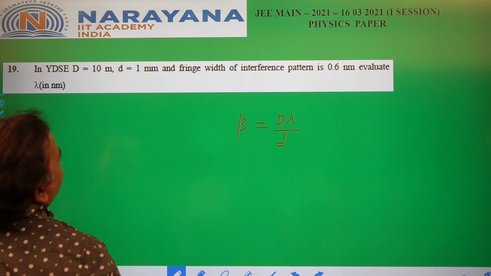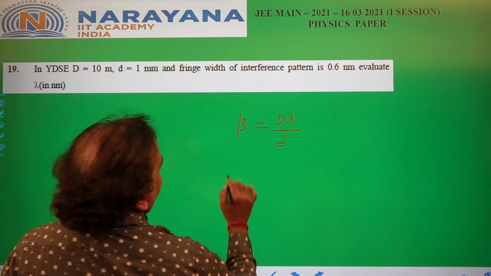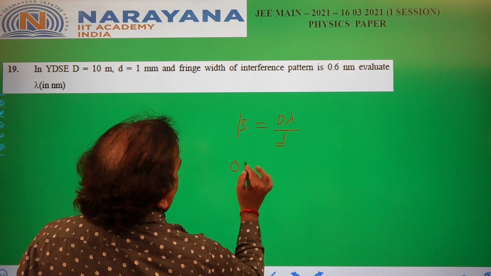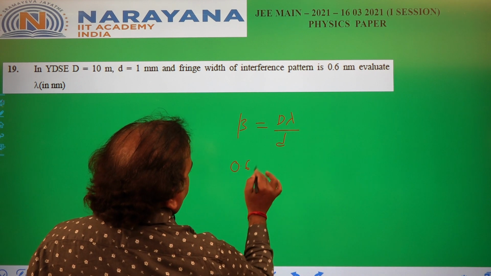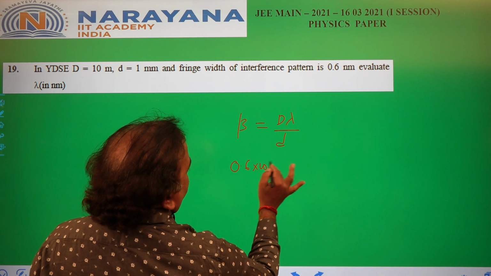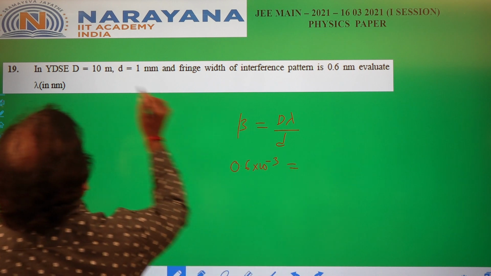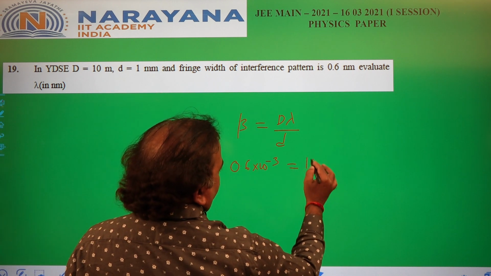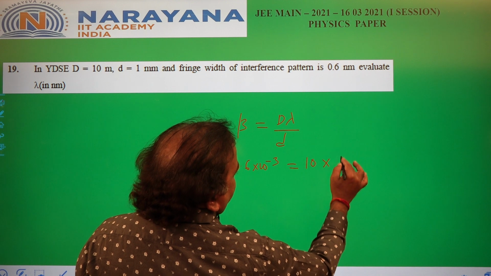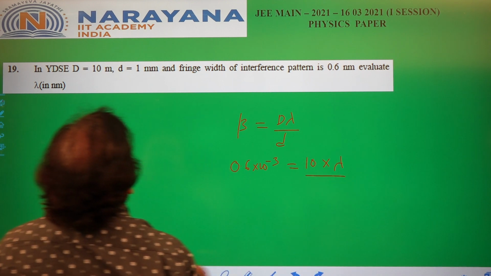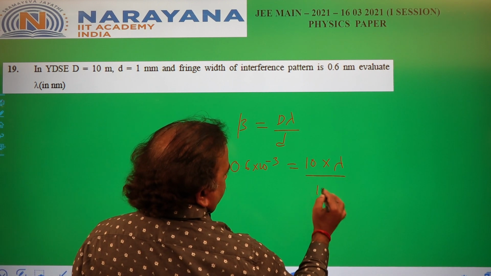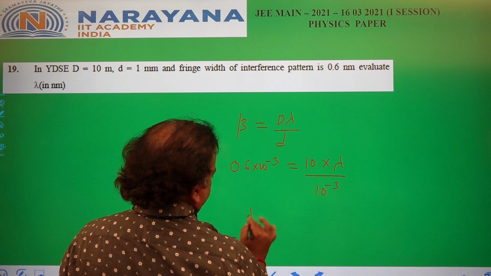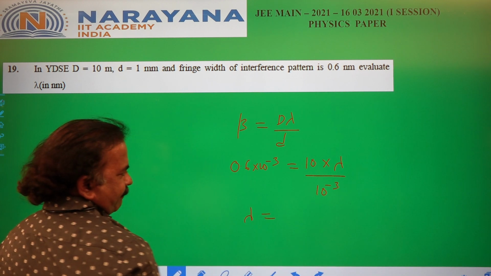The fringe width given is 0.6 mm, that is 0.6 into 10 power minus 3. Capital D value is 10. We require lambda. Small d value is 1 mm, 10 power minus 3. So I want lambda in nanometers.